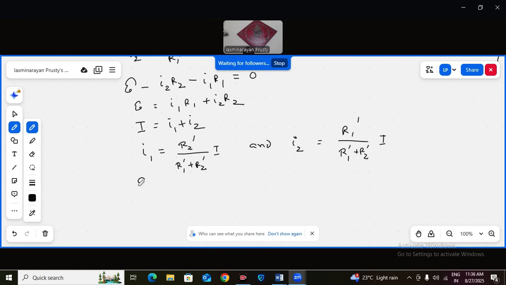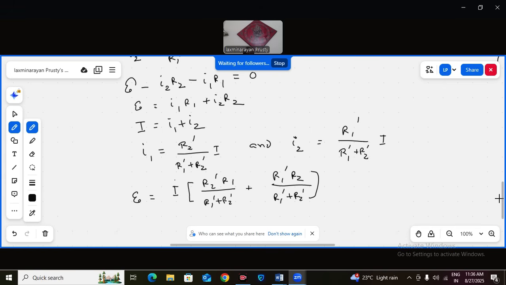If I replace I1 and I2 in terms of capital I here, I get E is equal to I times, with I common, R2 dash R1 by R1 dash plus R2 dash, plus I2 R2, that is R1 dash R2 by R1 dash plus R2 dash.